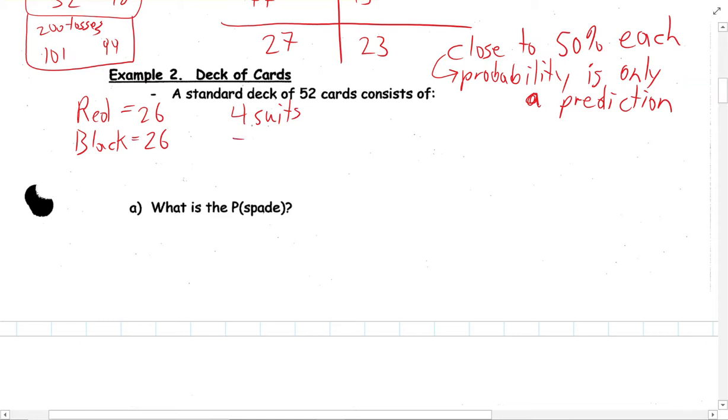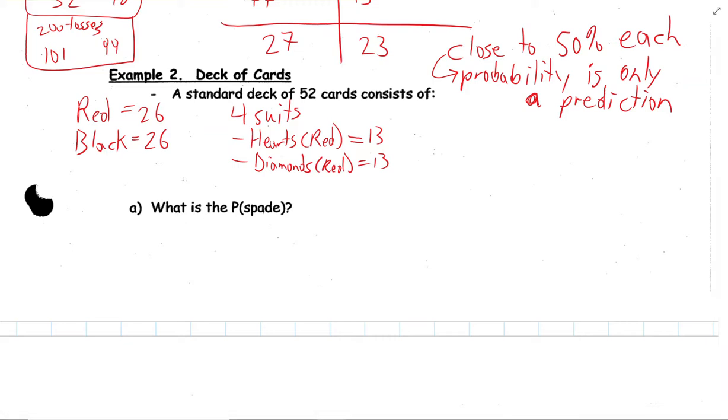The suits are hearts, which are red. And then how many hearts are there? Well, there is actually 13. Then there are, what's the other one? Diamonds. Those are also red. And the diamonds equals 13.